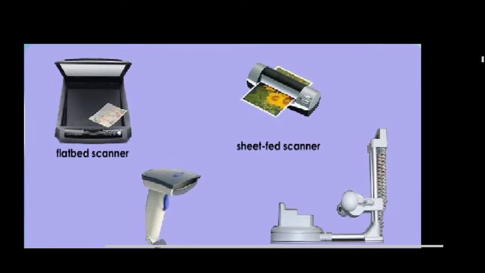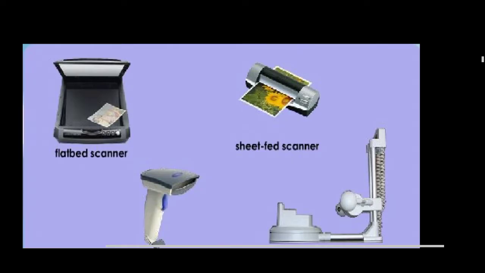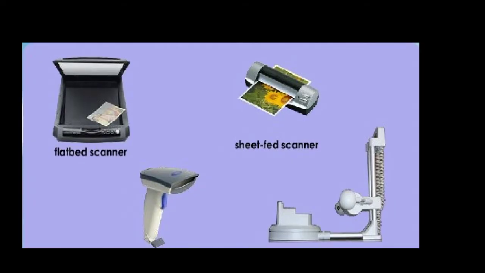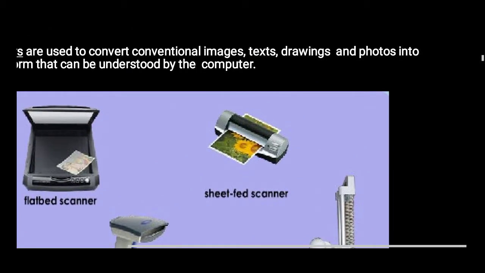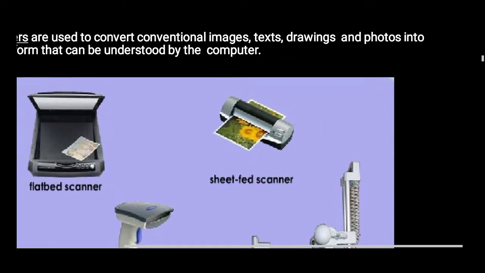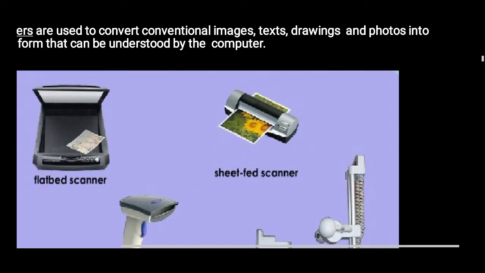The sheet fed scanner is used to scan the same images, drawings, and photos, but we may take a lengthy image, put it on the screen, and it scrolls and scans the image.